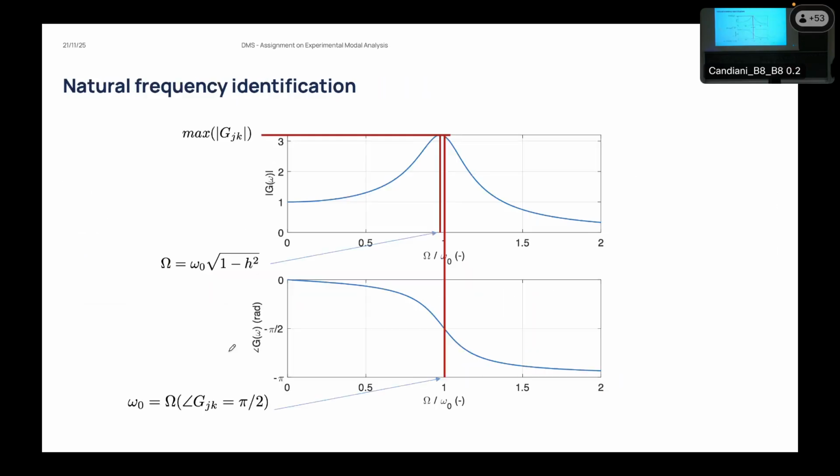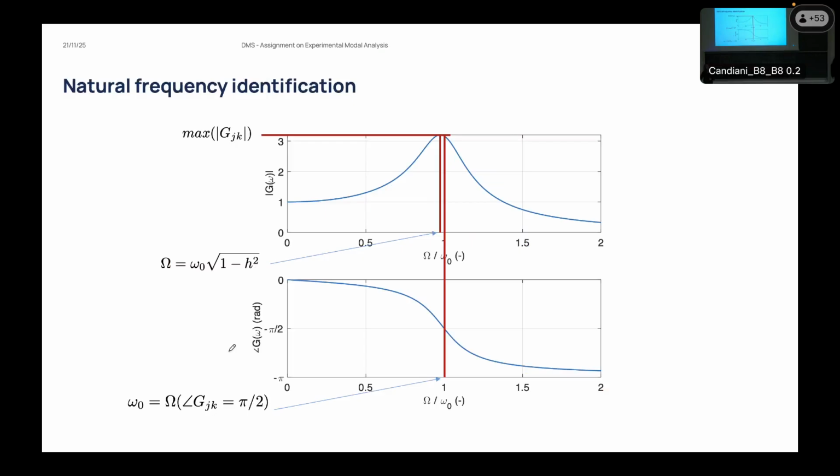Once we know this, we can rely on the information I'm sure the professor shared with you on Wednesday. We already know that for a 1 degree of freedom system, the frequency response function actually contains all the information we need.